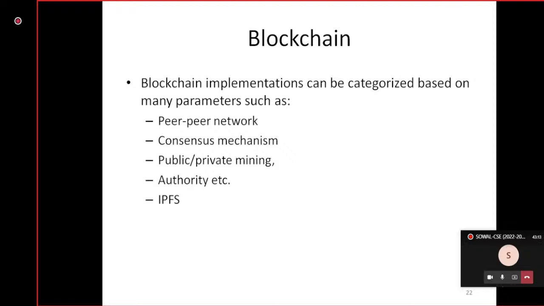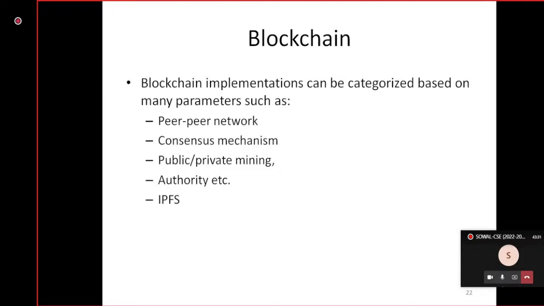Now, the blockchain implementation. What are the things we have to deal with when we develop an application from scratch? First of all, we have to decide on the peer-to-peer network, which can be of different types.